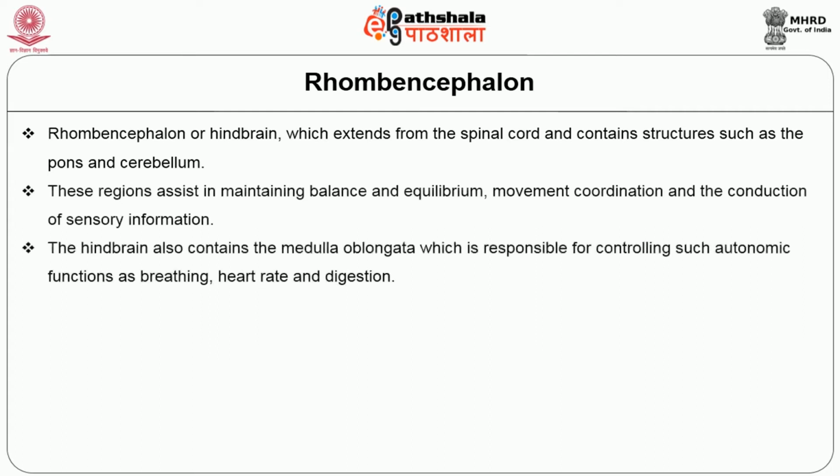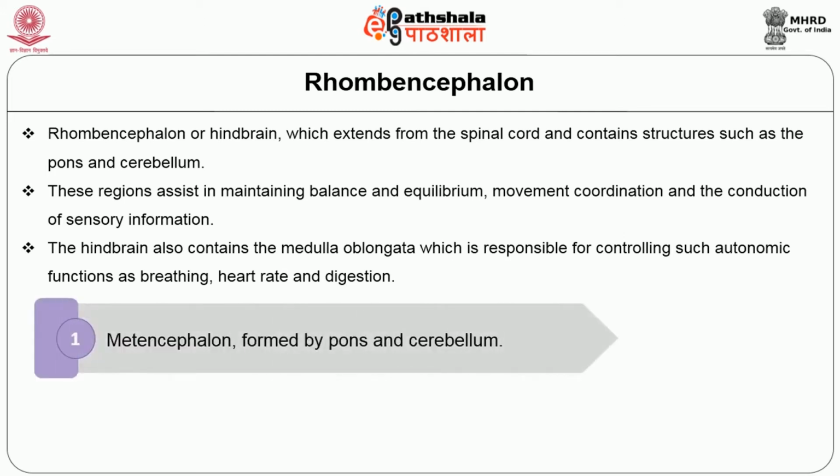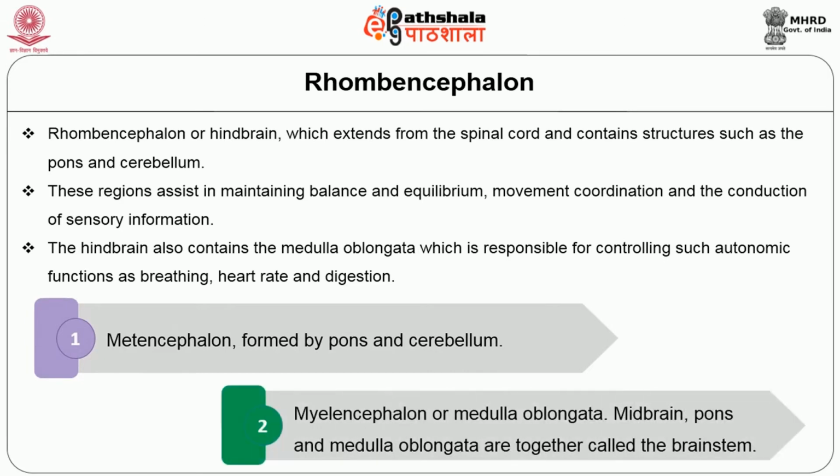The hindbrain also contains the medulla oblongata, which is responsible for controlling autonomic functions such as breathing, heart rate, and digestion. Again, it is subdivided into two portions as metencephalon, which is formed by the pons and cerebellum, and myelencephalon or medulla oblongata. The midbrain, pons, and medulla oblongata are together known as brainstem.